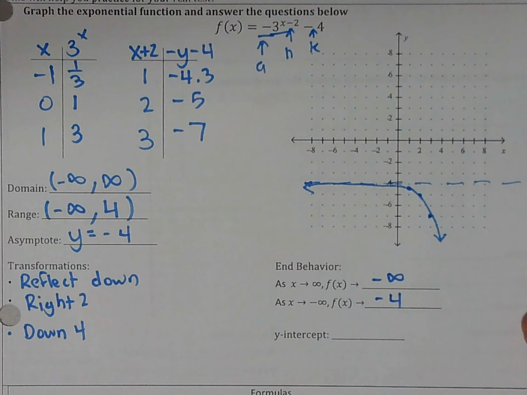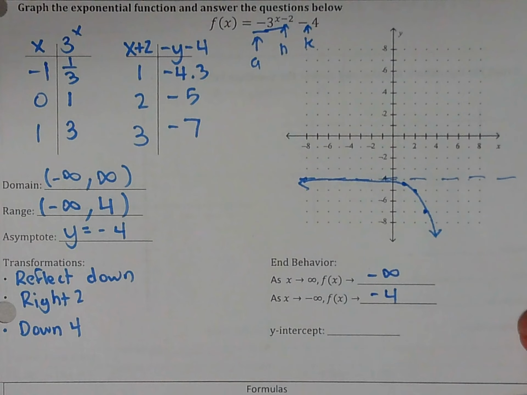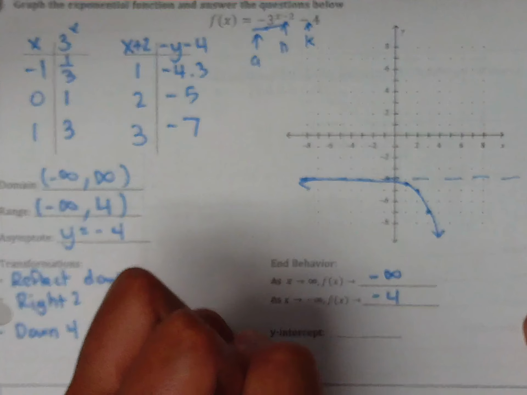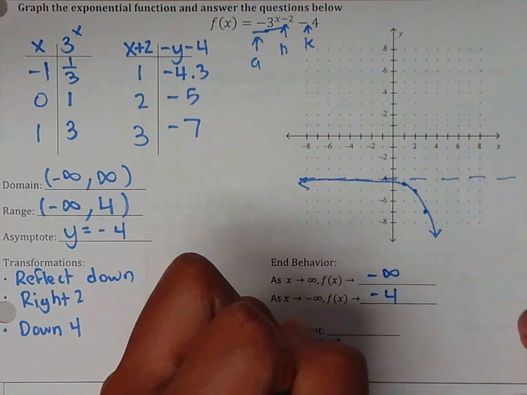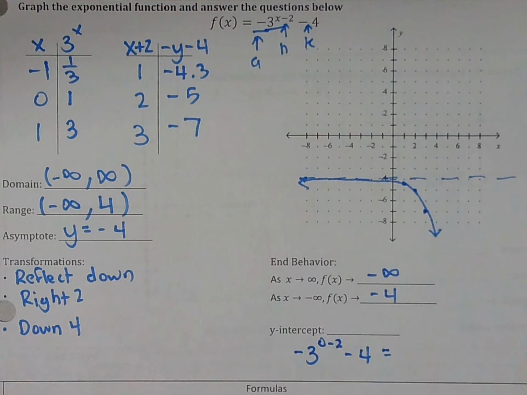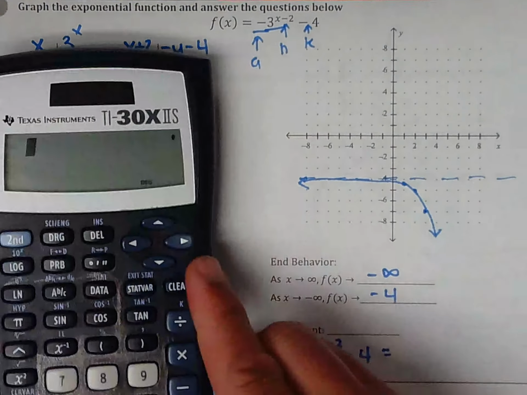And our y-intercept is, well, we plug in 0 for x, and that's how we find our y-intercept. So -3 to the 0 minus 2, minus 4. All right, so that's going to equal, well, we can just put this in our calculator.